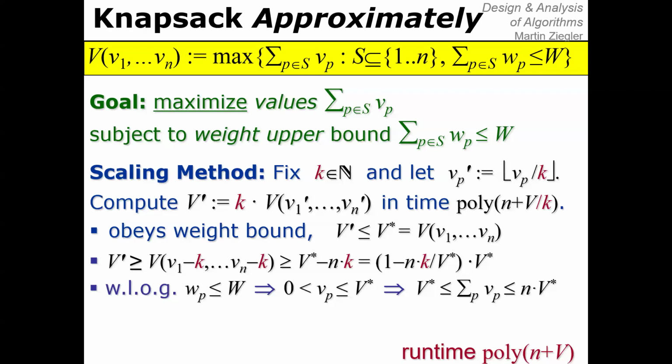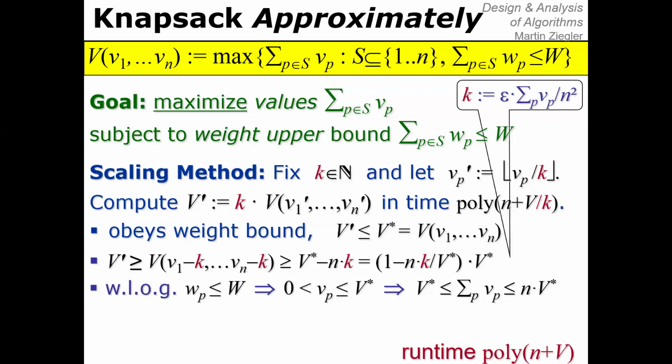In the best case, all of them fit in. But in the worst case, the optimal value will be at least the average of all packets. Or put differently, n times the optimal value will be at least the sum of all packet values. So that means we have this bound here.